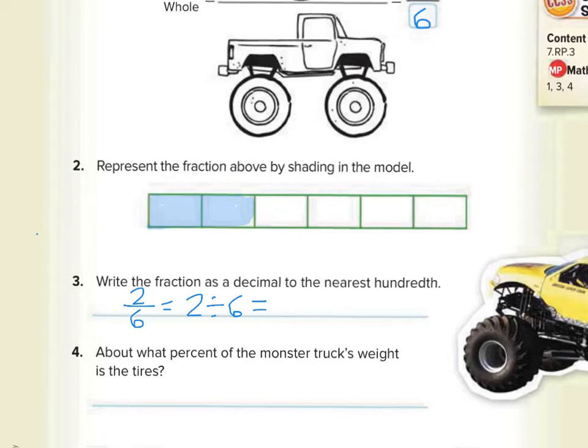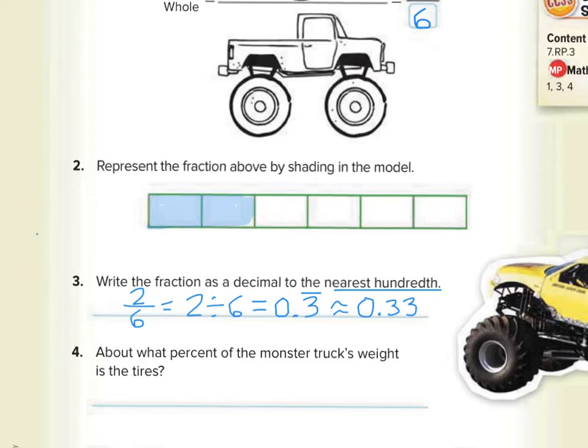But 2 divided by 6 is a repeating decimal number, so it actually has 3's that do not stop. You put a bar over it to show that it repeats, but they want us to round it to the nearest hundredth. So that means we're going to take it out 2 places past the decimal point, and we would call it about 0.33. That would be 33 hundredths for number 3.